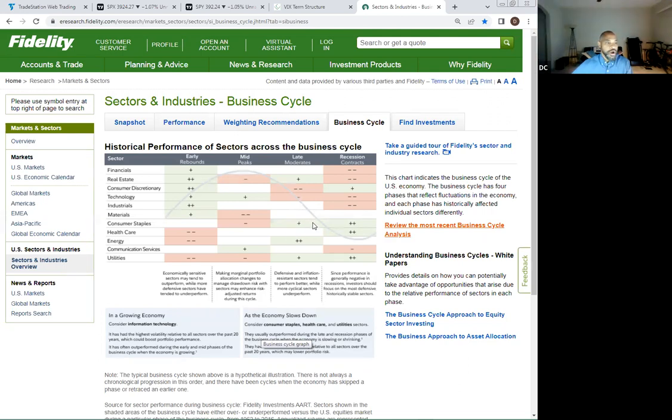But a lot of people are already here in the consumer staples. If you look at companies like Kimberly-Clark, toilet paper manufacturer, Kraft Heinz, P&G, they've already run up. So if you are trying to buy them as a safe haven for a recession, then you're already too late.